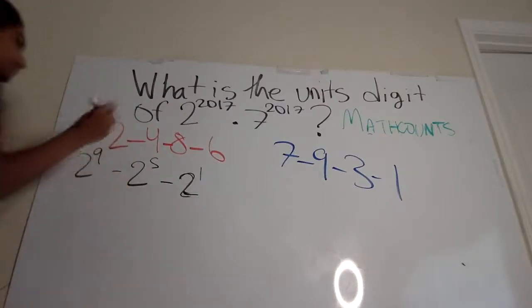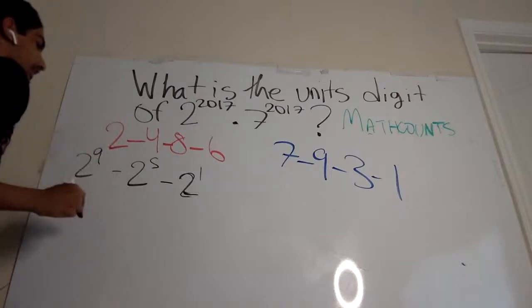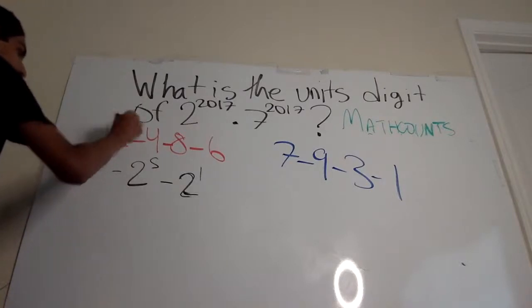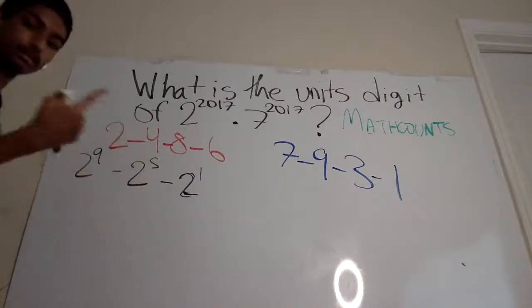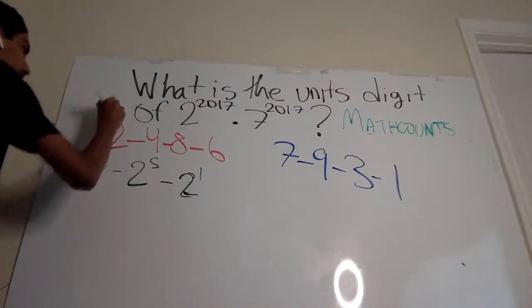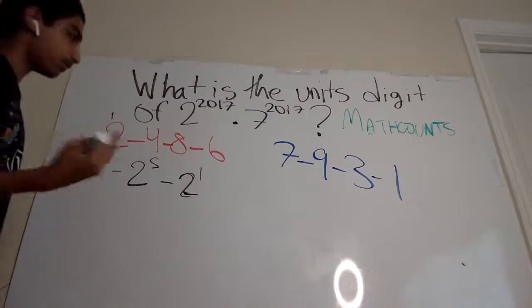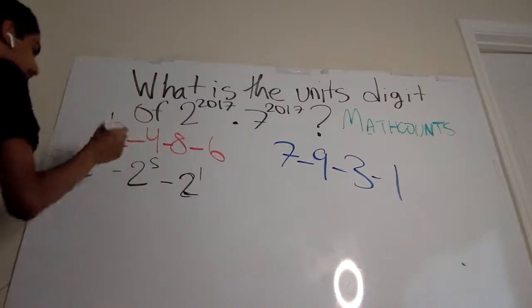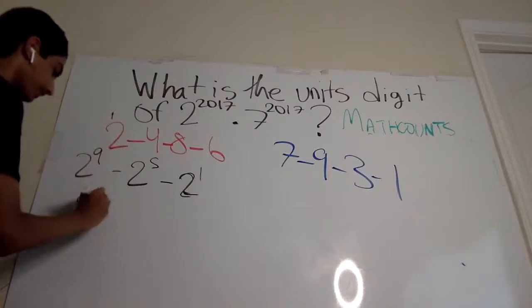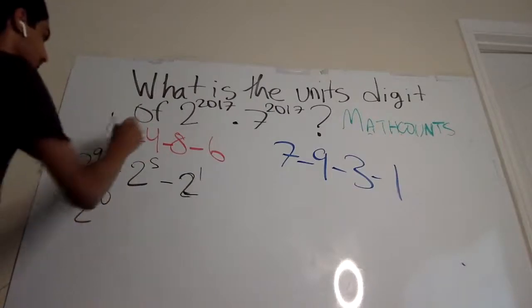So for this first term, we get 2 as the unit digit when we divide by 4 and get a remainder of 1. So let's write that down. We'd get a remainder of 2 when we have 2 to the power of 10, and that has a unit digit of 4.